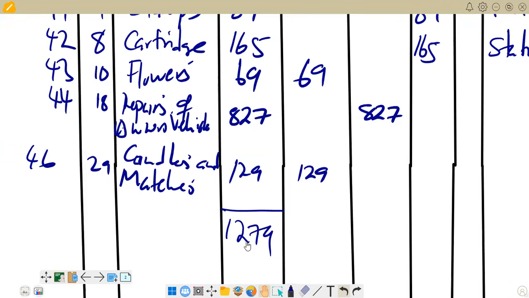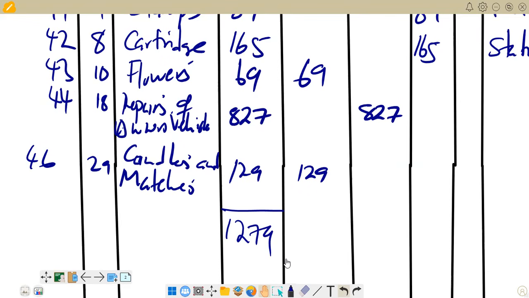So this is the figure that is going to go to the credit side of the petty cash in the ledger. Remember, we've got the ledger that we need to prepare. The 1,279, representing all the payments done in the petty cash, goes to the credit side. And the money received for petty cash, we are going to put on the debit side of the petty cash account. Then we see the balance.